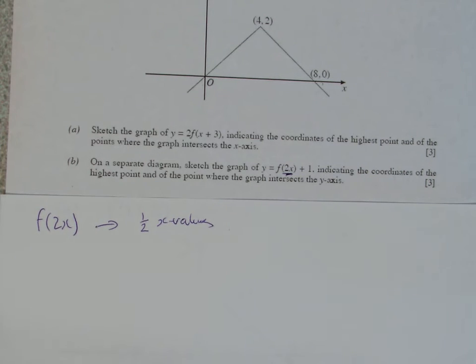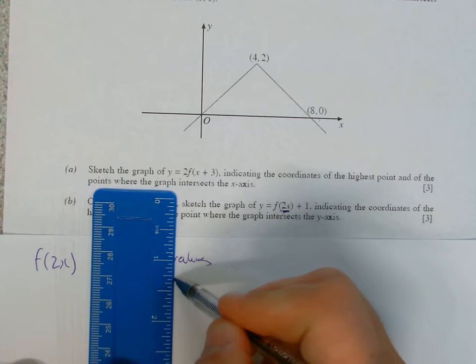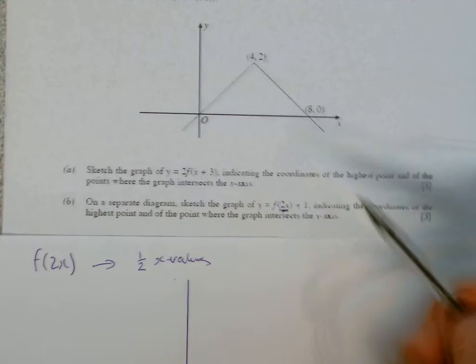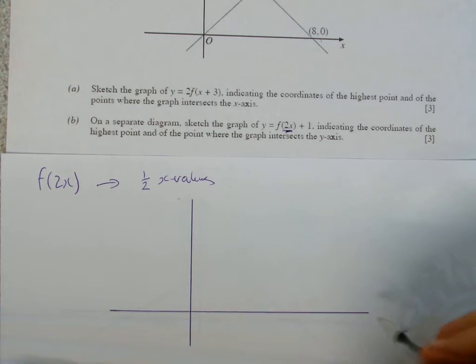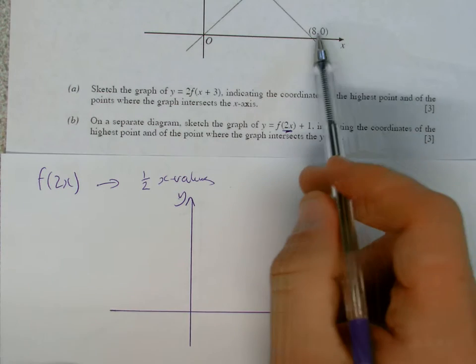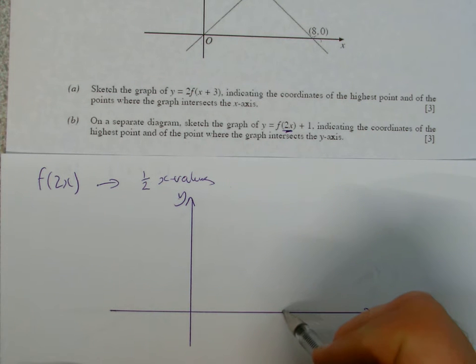So if we go back to the original one again, because that's f of x, we're halving the x values. The axis actually doesn't need to change that much, because if you halve the x values, the 8 becomes a 4. So we end up about here.